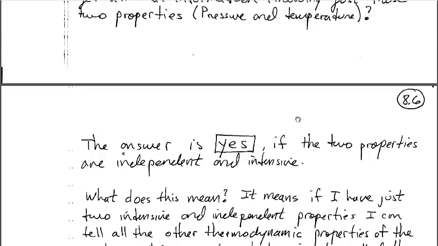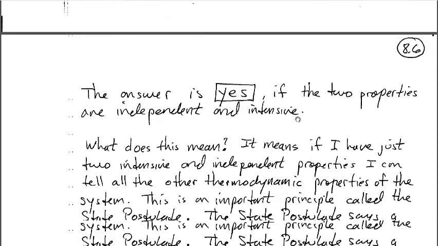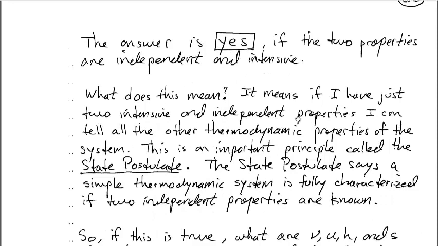But what does it mean for the property itself to be independent? Well, what it means is that if I can vary the property without having to vary any other property, then that property is independent. So almost all of our properties that we study are actually, in fact, independent.